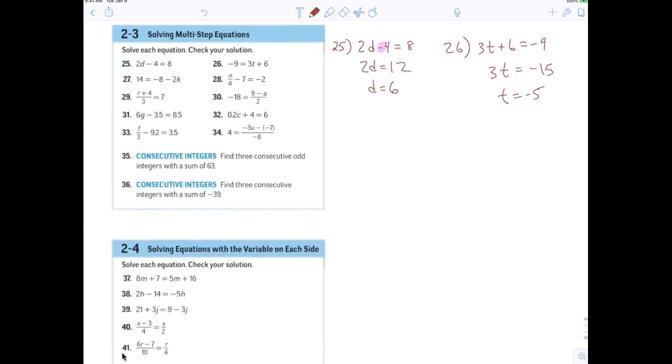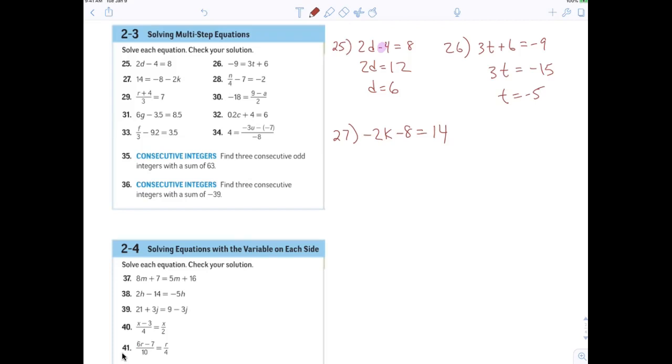Now watch how I'm going to write 27. You see if you can write it this way. That's how I like to write it. So everybody, what do I have to do first? Say it. Add 8.